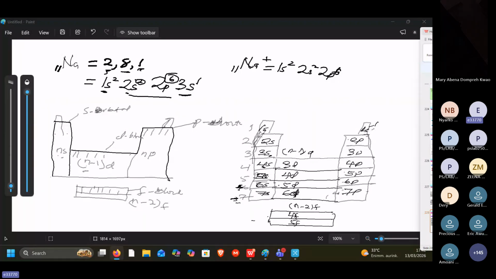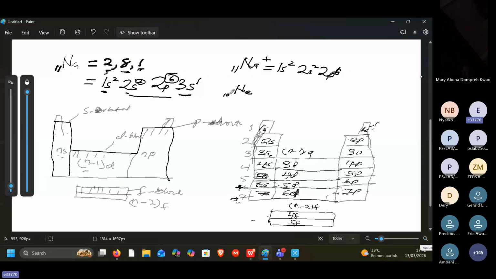And how many electrons does neon have? 10. So for example, neon is number 10. If you have to write the electronic configuration for neon, it would be 1s2, 2s2, and then 2p6.